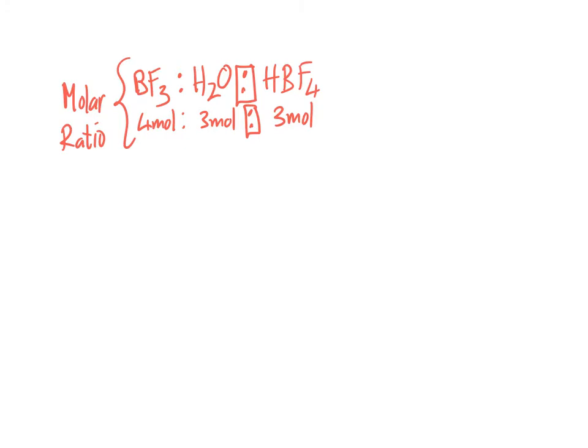The reason why we leave out one of the products is because we are focusing on HBF4 as we want to know what the percentage yield is for that particular product.